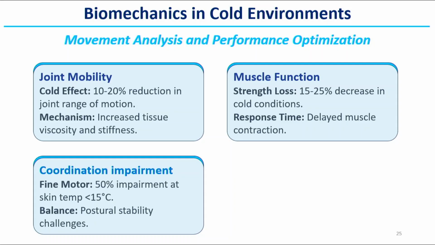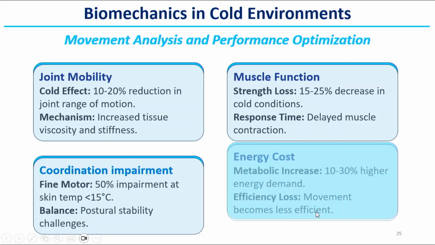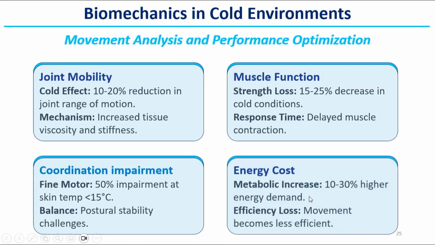Coordination impairment: fine motor impairment of 50% at skin temperature less than 15 degrees Celsius. Energy cost: metabolic heat increases, with 10 to 30% higher energy demand. That is very important in this case.